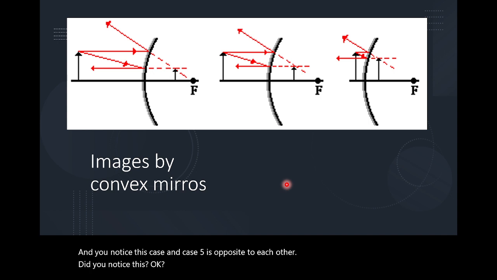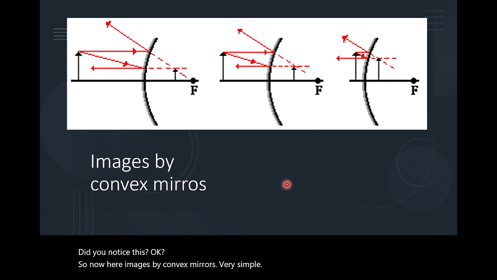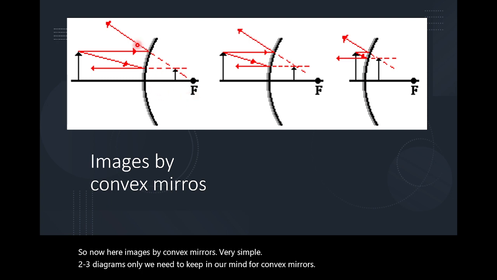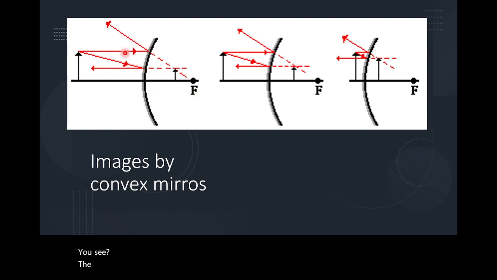So now here are images by convex mirrors, very simple. Only 2-3 diagrams we need to keep in our mind for convex mirrors. Because this convex mirror is a diverging mirror, the ray goes diverted away, and we need to make a virtual ray here, behind the mirror.